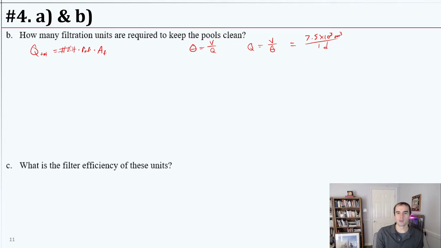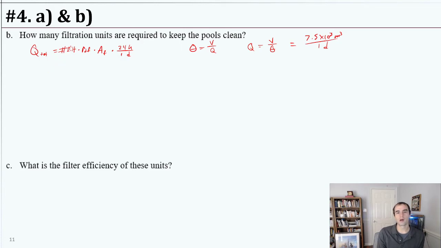And of course, we need to convert from the hour terms, so this will be meters per hour, and we need per days to match with the flow rate. And so we'll have to multiply this by 24 hours per 1 day. So that should give us our answer then.